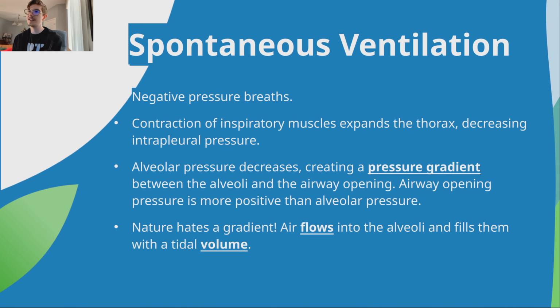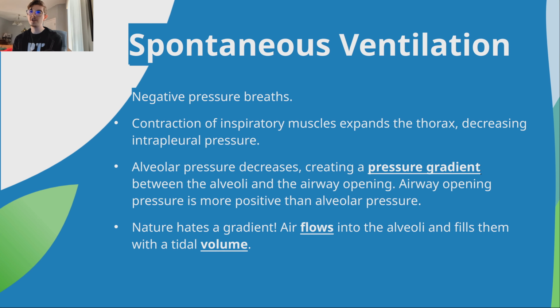Spontaneous ventilation. So these are negative pressure breaths. Basically, there's a contraction of inspiratory muscles, and that will expand the thorax. That will decrease intrapleural pressure, which will then decrease alveolar pressure. And this creates a pressure gradient between the alveoli and the airway opening.